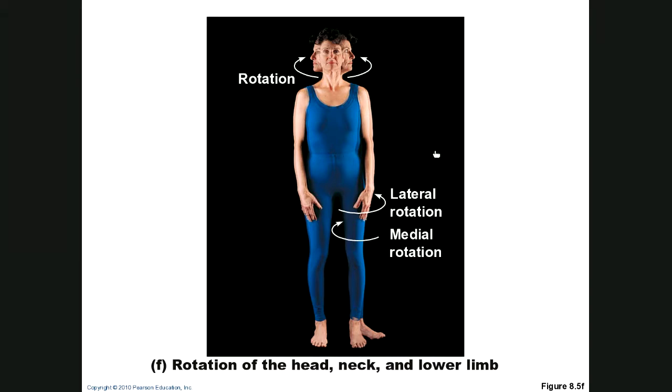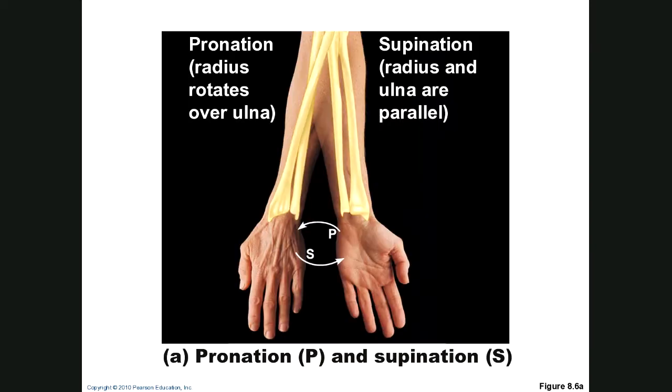Okay, now this is rotation, and basically along C1, C2 is where you rotate your neck. Lateral or medial rotation of the leg here. Okay, these are two special case types of positioning of the hand. When the hand is in a state of pronation, it's this way.